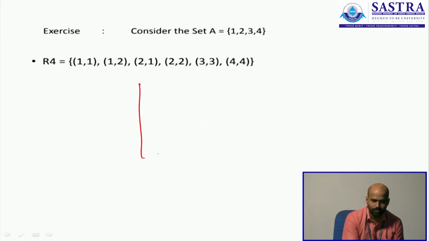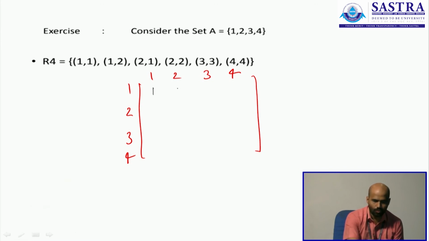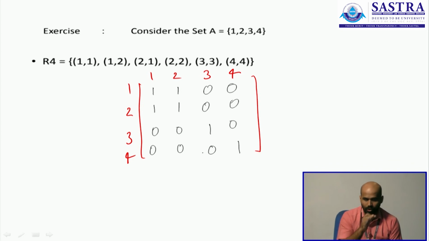What about this? Let's try our luck with this. 1 1 is present, 1 2 is present, 2 1 is present, 2 2 is present, 3 3 is present, and 4 4 is present. All the rest are zeros. Let's see if we can classify this as symmetric based on the matrix.